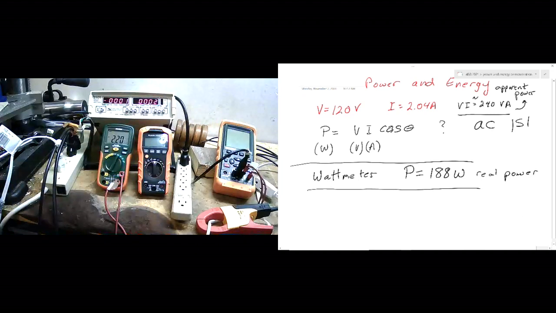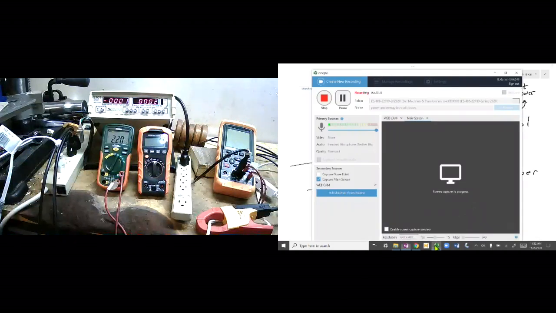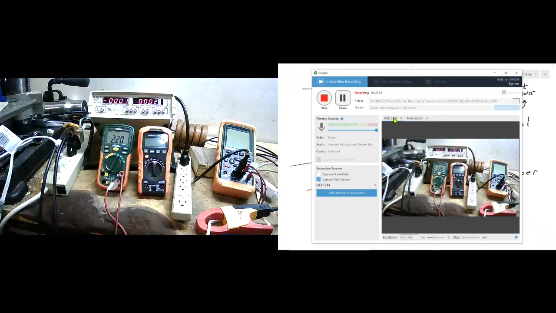That's instantly. When I turned that off, it went to zero, very close to zero. Let's check that one more time. Power showing -1, -2. That's within the meter's error.